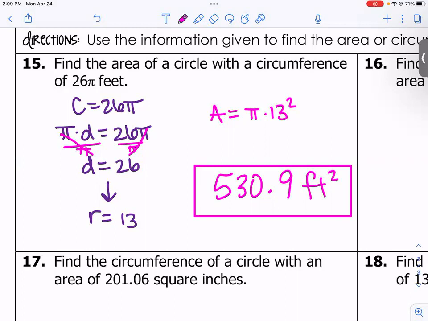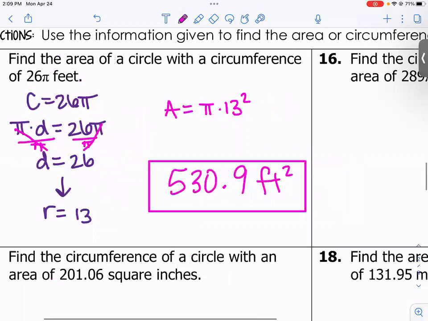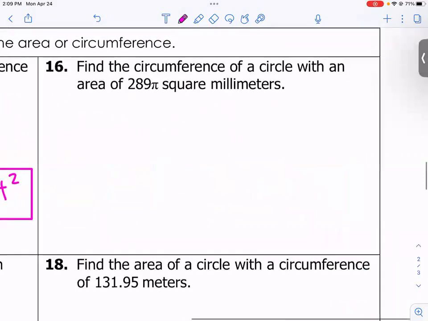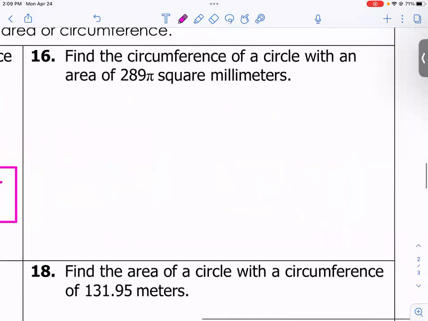I got 907.9. Circumference is always going to be the diameter. Well, it'll give you the diameter. I don't know what you're asking. Is 289 the radius? The circumference is a number times pi. Will it always be just that number?